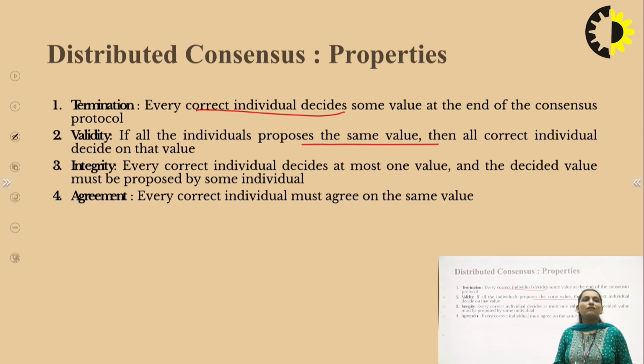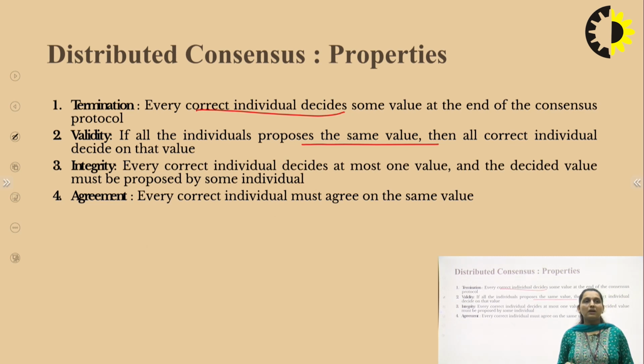Integrity is that every correct individual decides at most one value, and the decided value must be proposed by some individual. Because you are the middle person in the architecture of the consensus protocol, you have to arrive at a correct result.